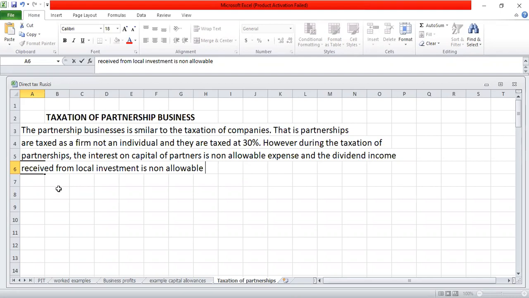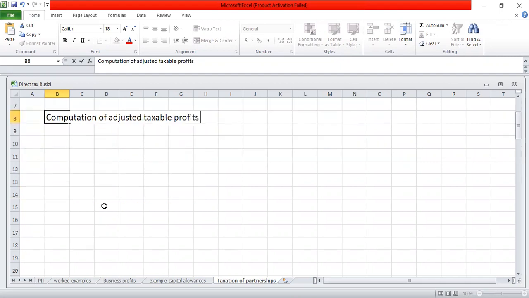So how do we compute the adjusted taxable profits? How do we adjust our taxable profit?